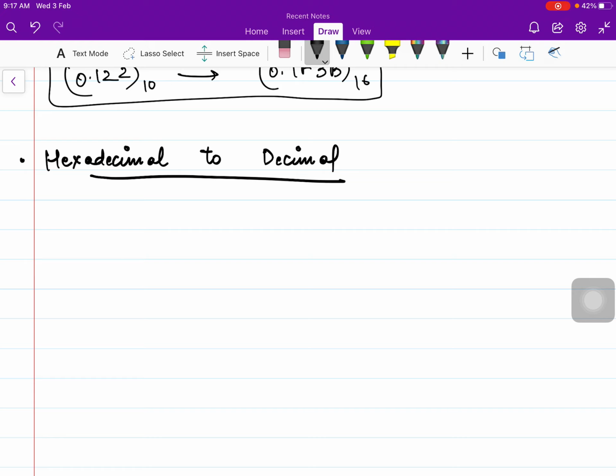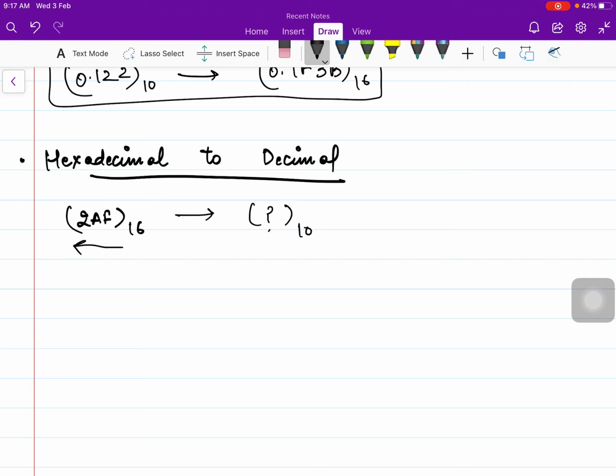You just recall the process that was involved while converting from binary to decimal. The same technique will be followed here. So the question is 2AF in hexadecimal is being asked to convert into decimal. Same process as was followed in binary to decimal.